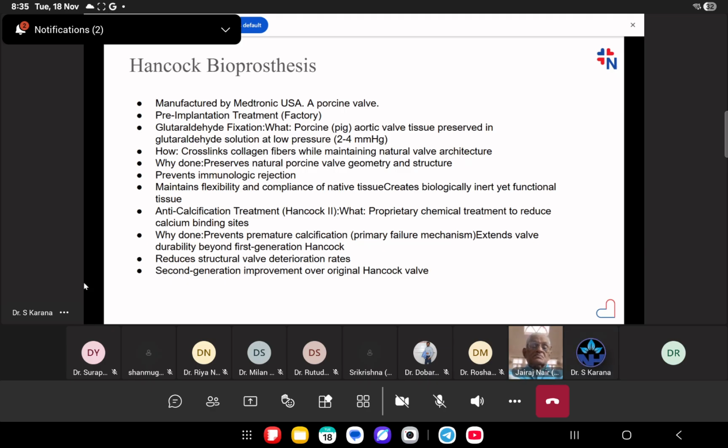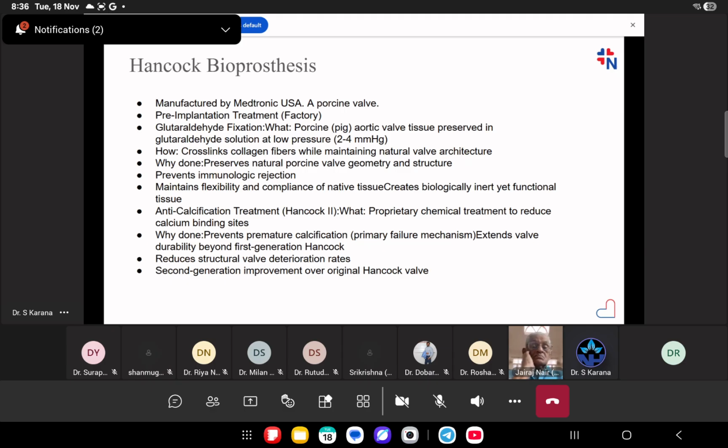The two main valves that we used are Edwards Magna and Hancock bioprosthesis. Hancock bioprosthesis is manufactured by Medtronic. It's a porcine valve. The pre-implantation technique is glutaraldehyde fixation. The tissue is preserved in glutaraldehyde solution at zero pressure. It cross-links collagen fibers while maintaining natural valve architecture.